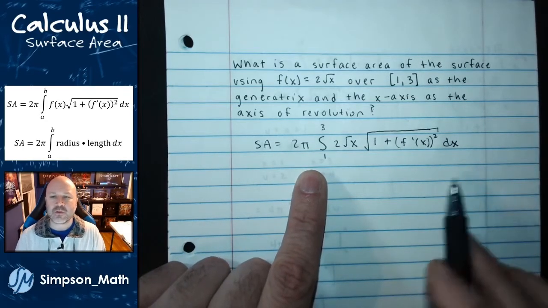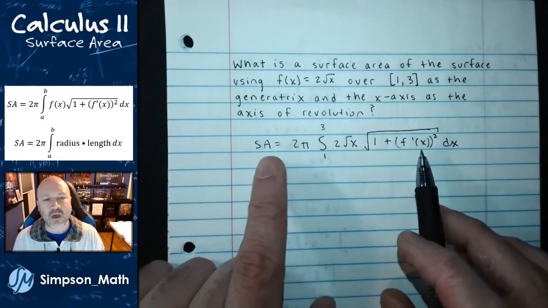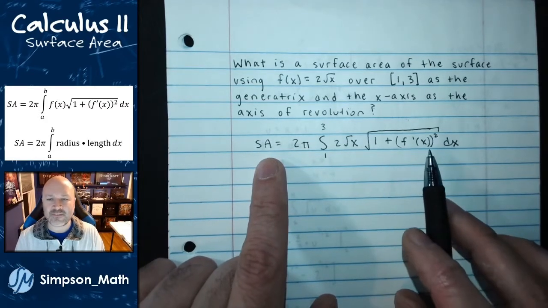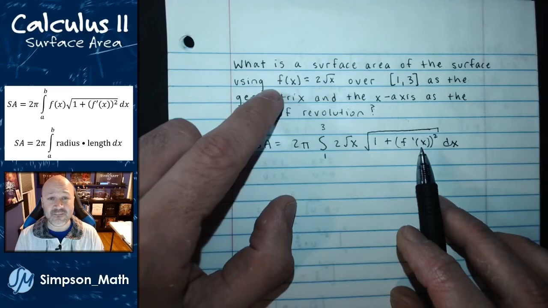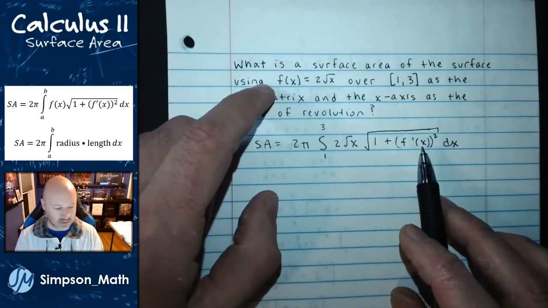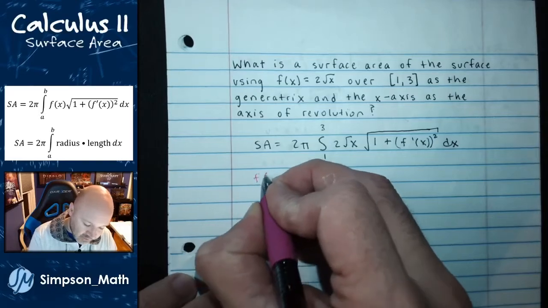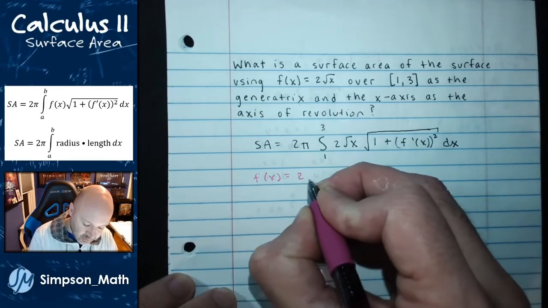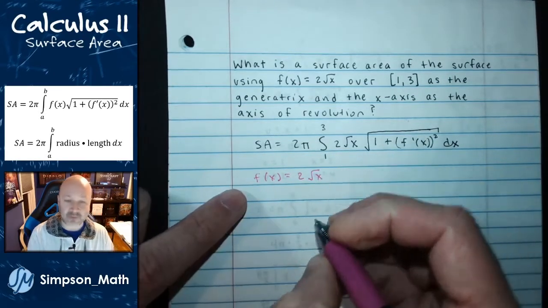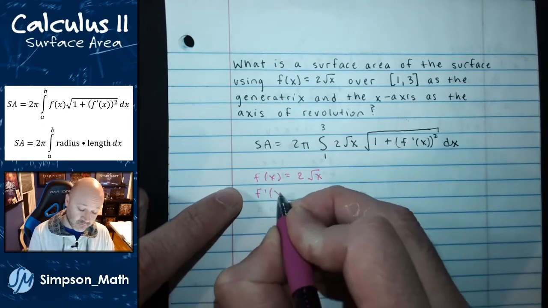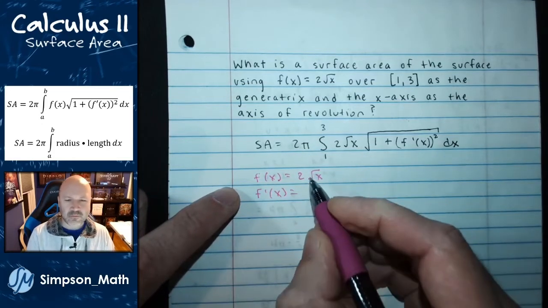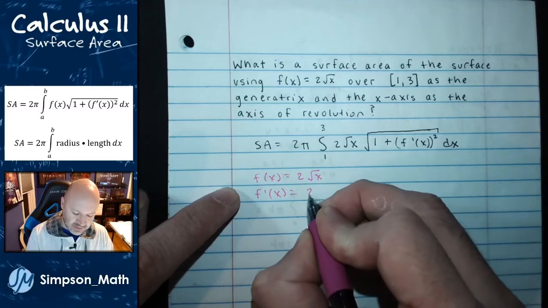Okay, so to continue with this surface area formula, I will need to find the derivative of f of x and then square it. So let's do that real quick. If f of x is 2 roots of x, I can find the derivative. The coefficient just stays there.